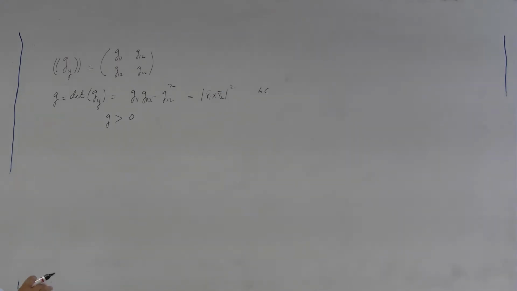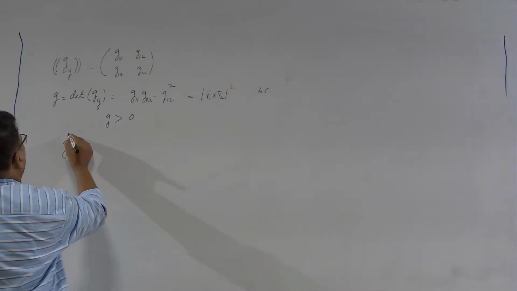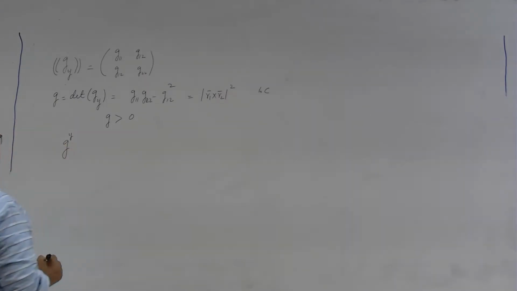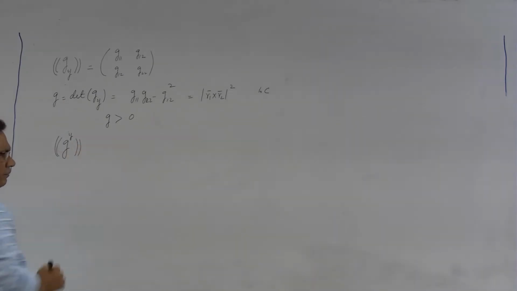All right. So, there are some relationships. For example, the inverse of the matrix g lower ij was denoted by g upper ij.